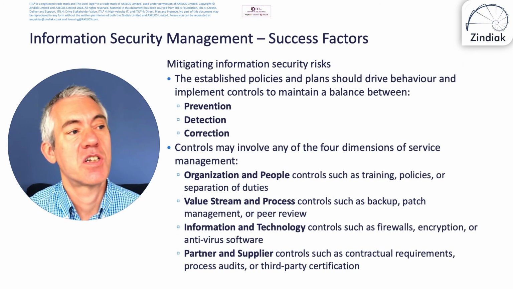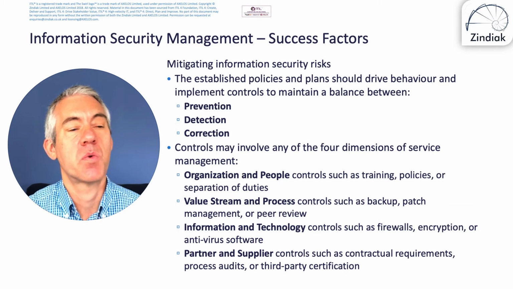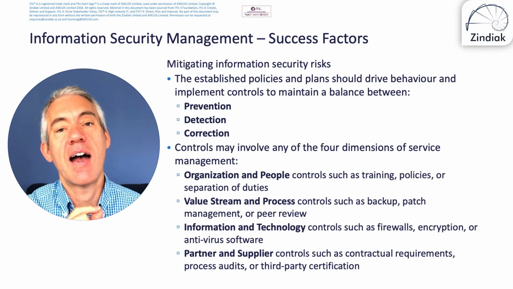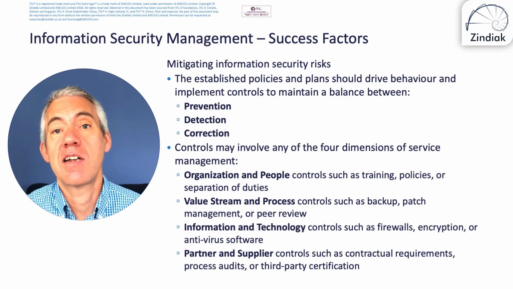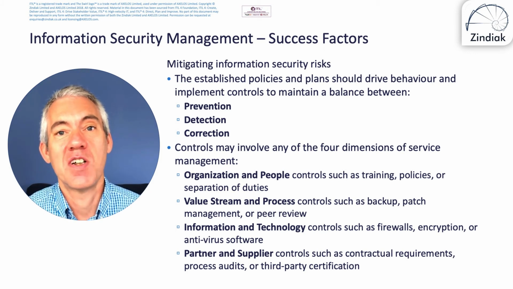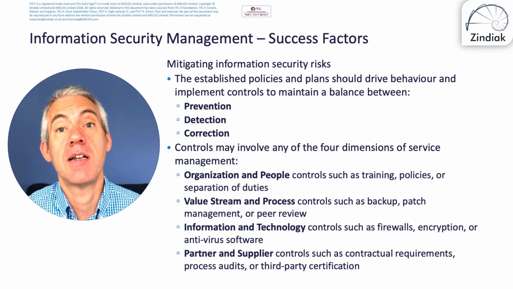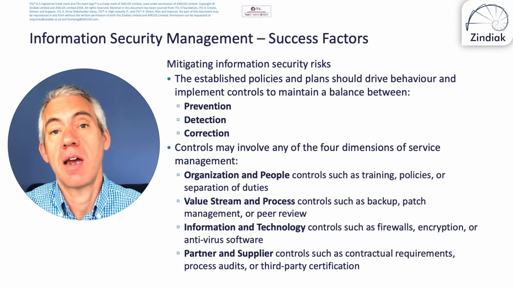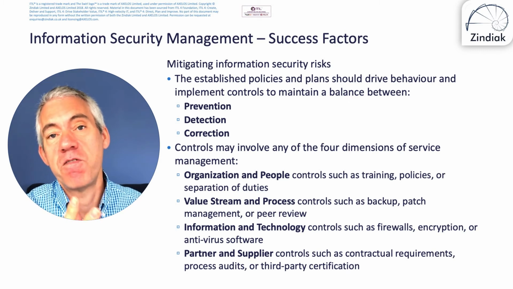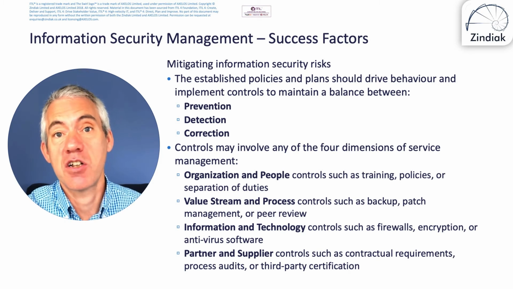Mitigating information security risks. So the established policies and plans should drive behaviour and implement controls to maintain a balance between prevention, detection and correction. And if you're particularly interested in this, ITIL has a whole training course and certification called Resilia that addresses this, and in Resilia their recommendation is that, roughly speaking, the balance should be 50% on prevention and 50% on detection and correction.